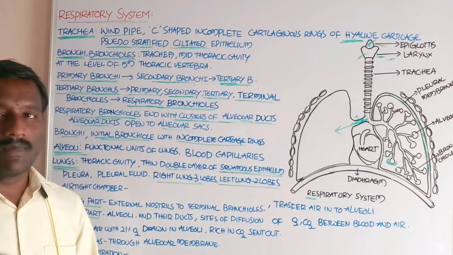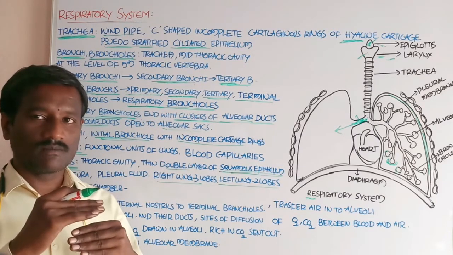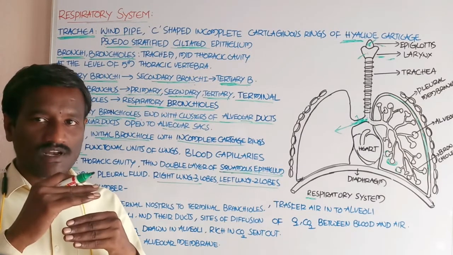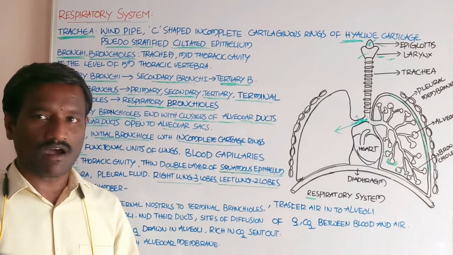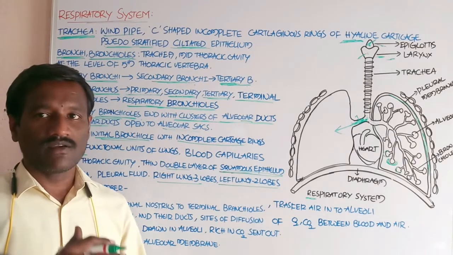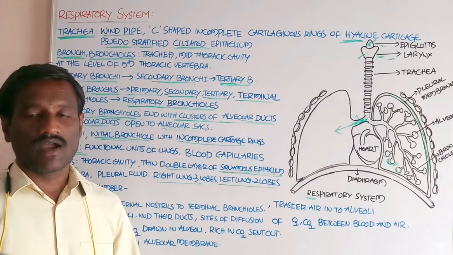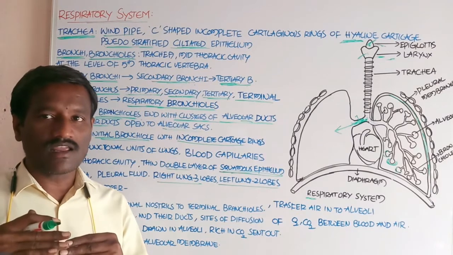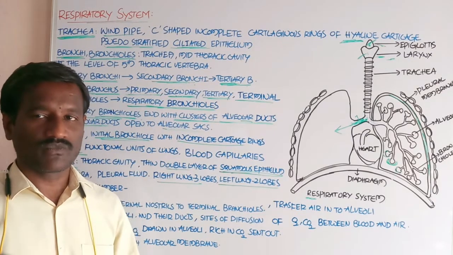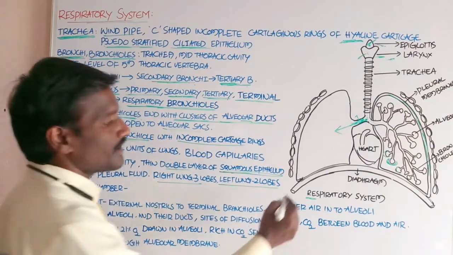In the lungs region, dorsally it consists of the vertebral column, ventrally it is the sternum, laterally it is the ribs, and the lower part consists of the diaphragm.